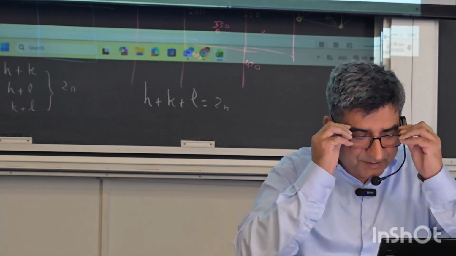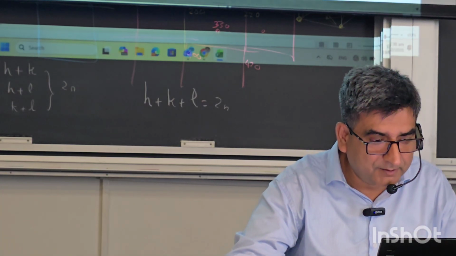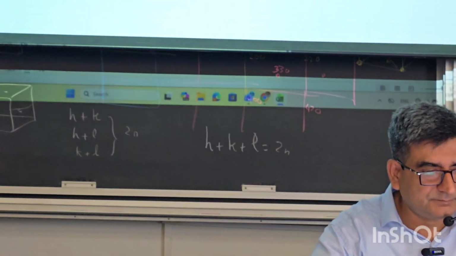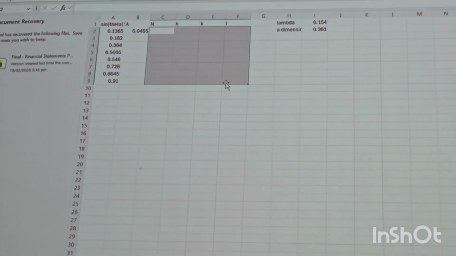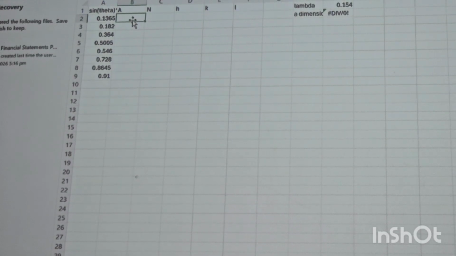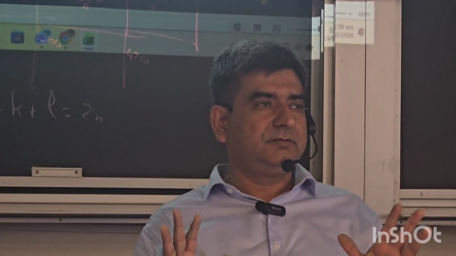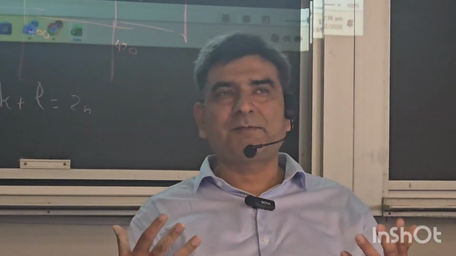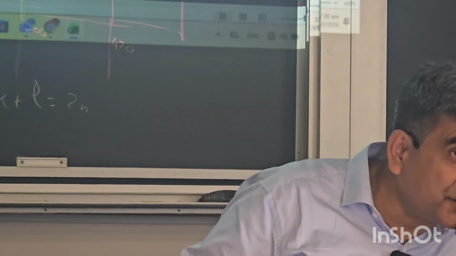To give you another example, let's look at copper. For the time being, I'm going to delete all the information. Let's see what kind of structure copper has, assuming it's cubic. You always start off with some preconceived notions.